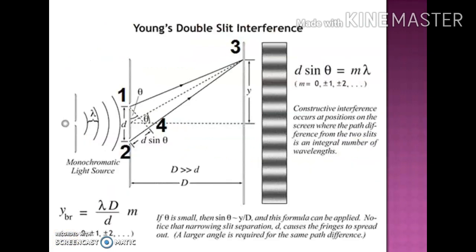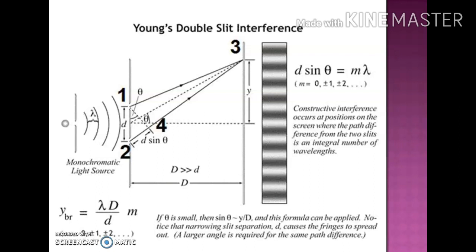In this picture you can see that using a monochromatic source of light we have obtained two coherent sources at positions 1 and 2, which are separated by a small distance d, and at a distance capital D from the coherent sources we have obtained the interference pattern.